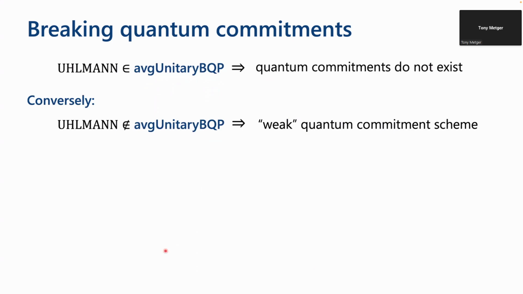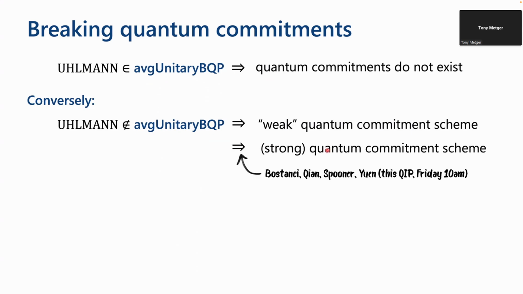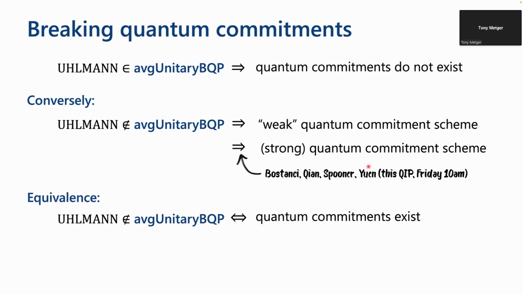Now, conversely, if it's not in unitary BQP, then we can prove that this hard instance of the Uhlmann transformation problem gets you a weak quantum commitment. And then you can amplify this to a strong quantum commitment. So really what we get is that Uhlmann being in average-case unitary BQP is equivalent to the non-existence of commitments.